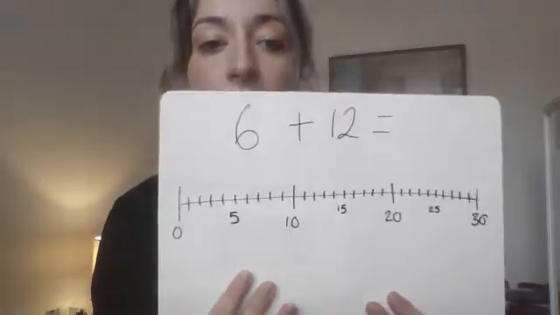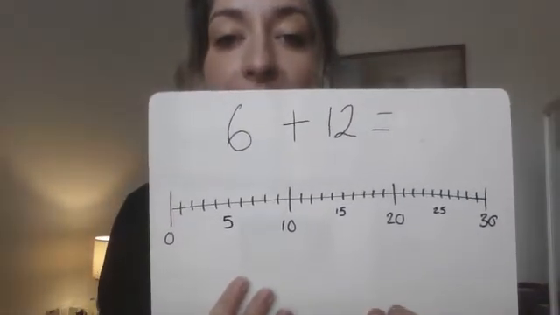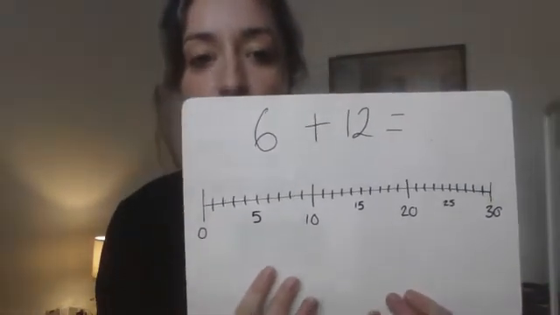Now I've got one on my whiteboard as an example, and I'm going to show you the method of jumping on a number line for you to then use when you come to do this question. I've drawn a number line on my whiteboard and labelled it just the same as it is in your book.